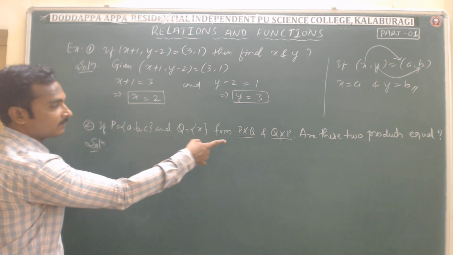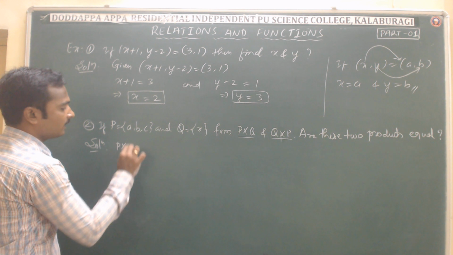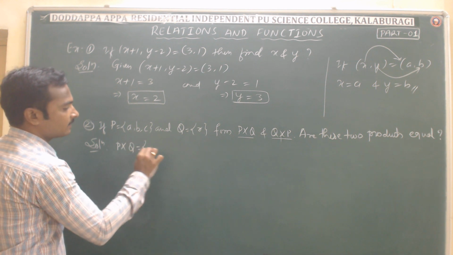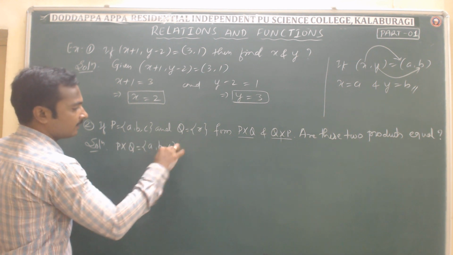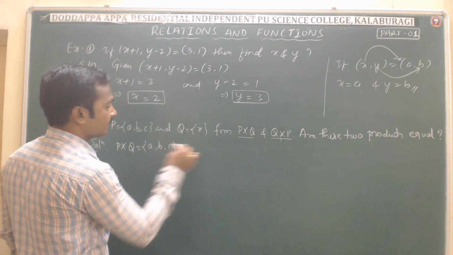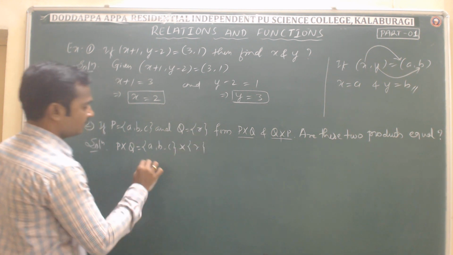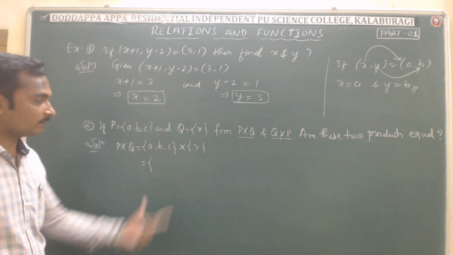First we want to solve the Cartesian product P cross Q. What are the P elements? A, B and C, cross the second set Q. Q is the element R, right? So let us find the Cartesian product of these two sets.